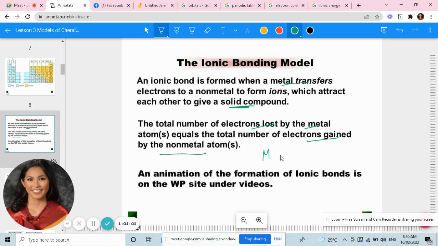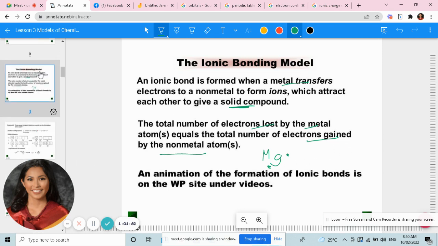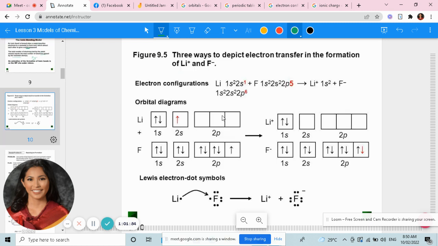If we have Mg, the two electrons will be lost and the two electrons will be gained by oxygen. So we have three ways to depict the transfer of electrons and the formation of lithium fluoride.